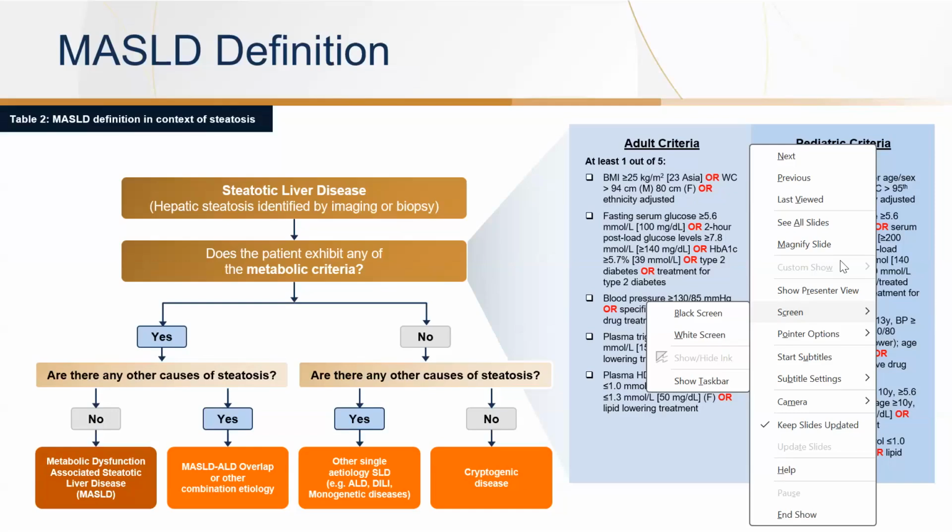So for an adult, they need to have at least one of the following criteria: a BMI greater than 25. It can be lower in Asia, 23, or it can be a waist circumference of greater than 94 centimeters in males or 80 centimeters in females, or they can have an elevated serum glucose, or known type 2 diabetes with medication, elevated blood pressure or on treatment for blood pressure, elevated triglycerides greater than 150 or on medication.